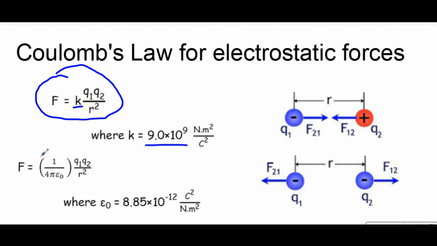Now, later in a course, you're often going to find it more convenient to write Coulomb's law this way. There's really nothing different here except in how we write the electrostatic constant. That K can also be written as 1 over 4 pi epsilon sub naught. That's the Greek letter epsilon. It looks like a little script-looking E with a subscript of 0.